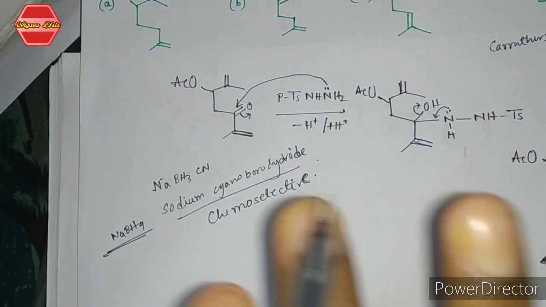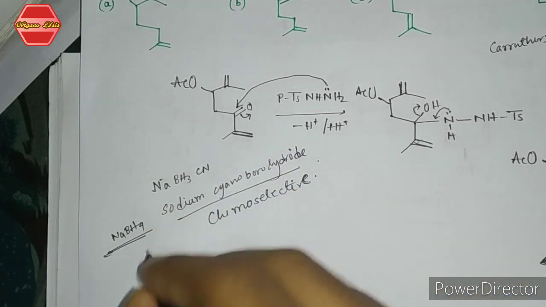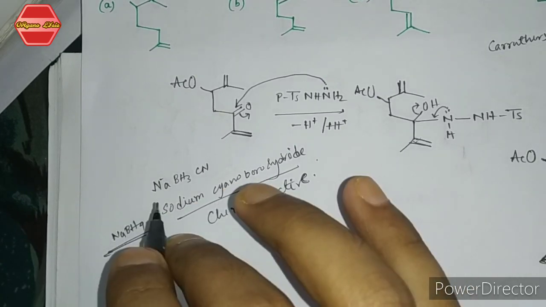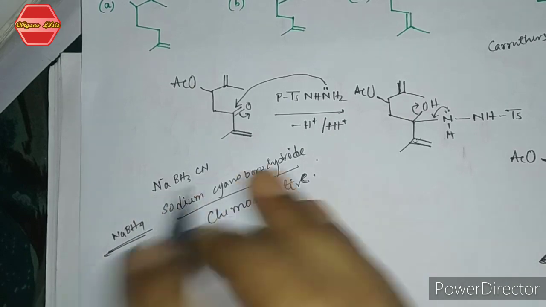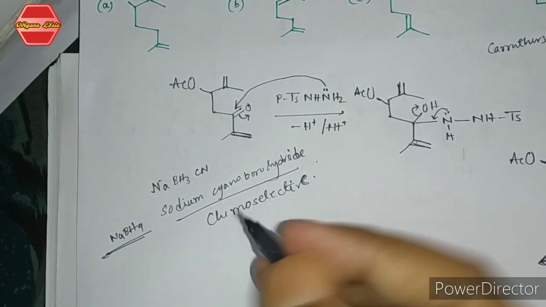You have to know one very important concept: if a reagent has a lower reactivity, then its selectivity is much higher. It is a very important concept that you have to know and consider.